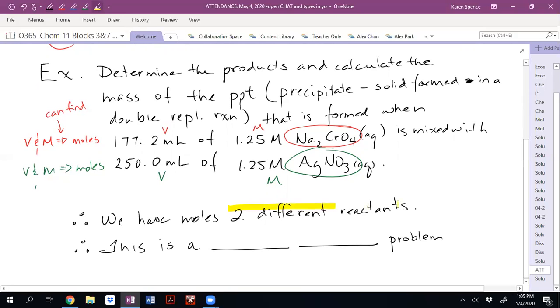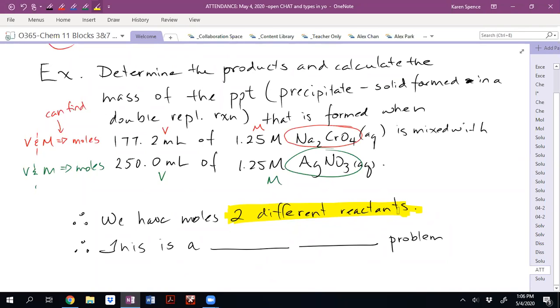And if we have two different reactants, the sodium chromate can make a certain amount of product. The silver nitrate can make a certain amount of product. How do I know which one is the actual amount of product? Isn't it the thing we did last class?